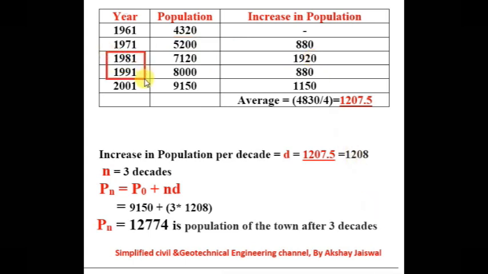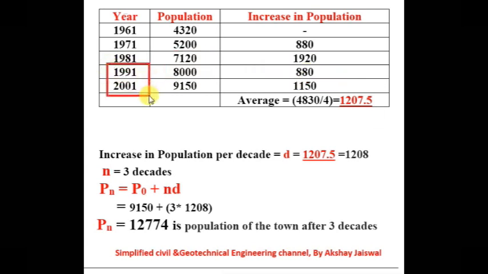Now we will find the increase in population between 1981 and 1991. Again, we take the difference between the population values of these two years, that is 8000 minus 7120, and the difference is 880. So the increase in population in this one decade is 880.